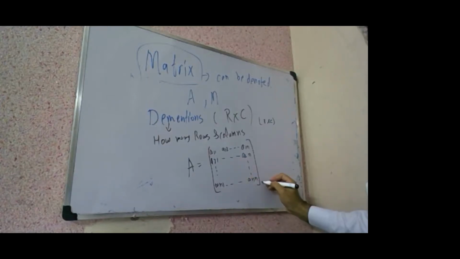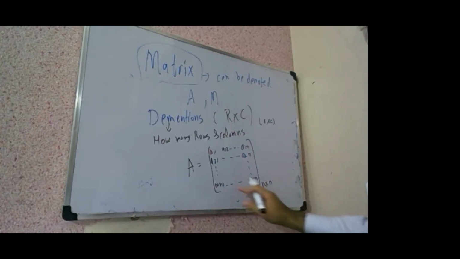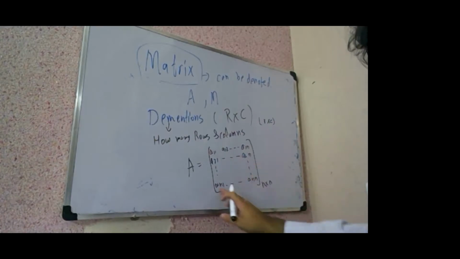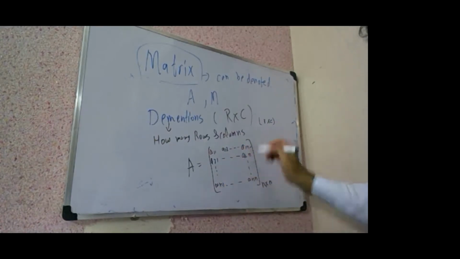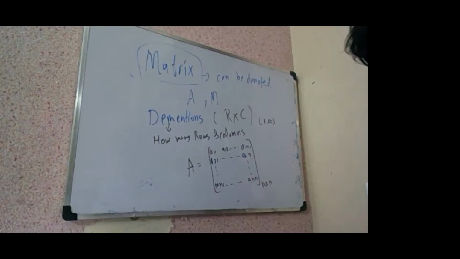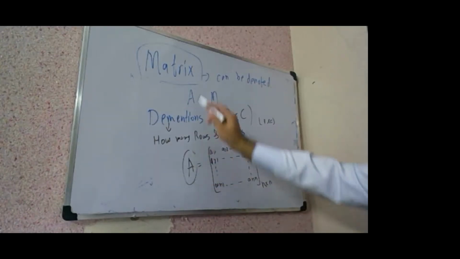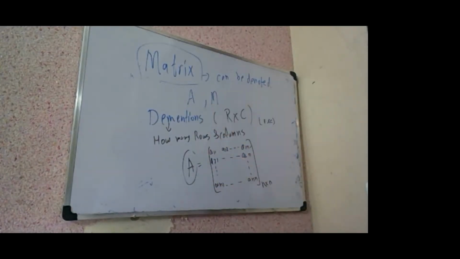So this is a matrix. What is the dimension? An n by n matrix. It means there are n rows and n columns, right? And it is denoted by A. That's what I told you before.